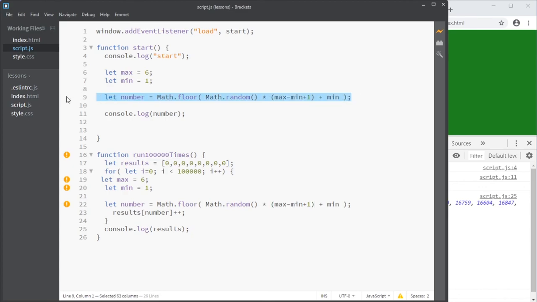So this is the important lesson from this. This is the math that goes behind using random numbers, where we want whole numbers from one value to another, and not just from 0 to almost but not quite 1. I hope you enjoyed this mathematical adventure. Math.